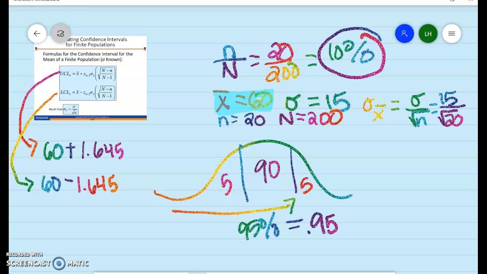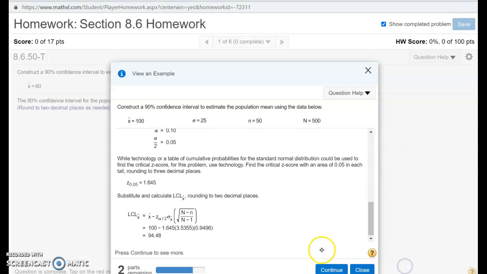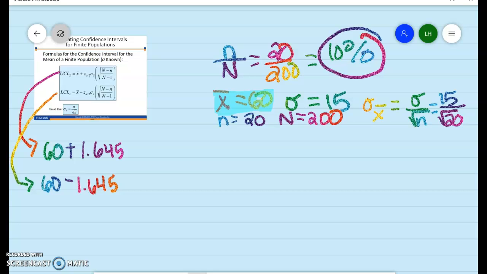So n is 20. So 15 divided by the square root of 20 would give us, let's see what we're going to round to here. It looks like we're rounding to 4 decimal places for our standard error.